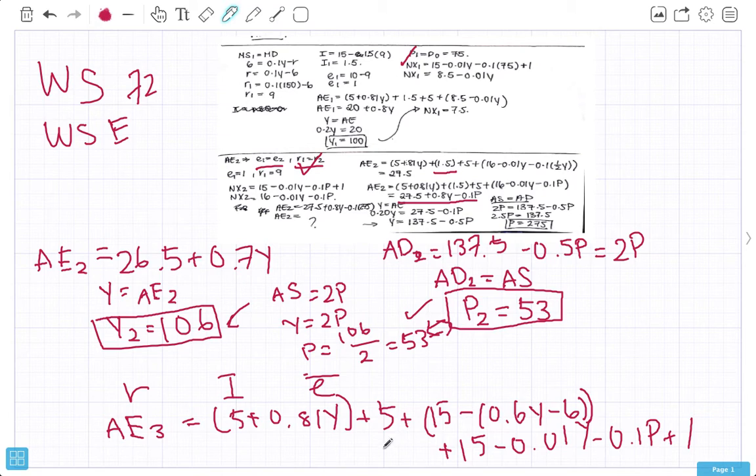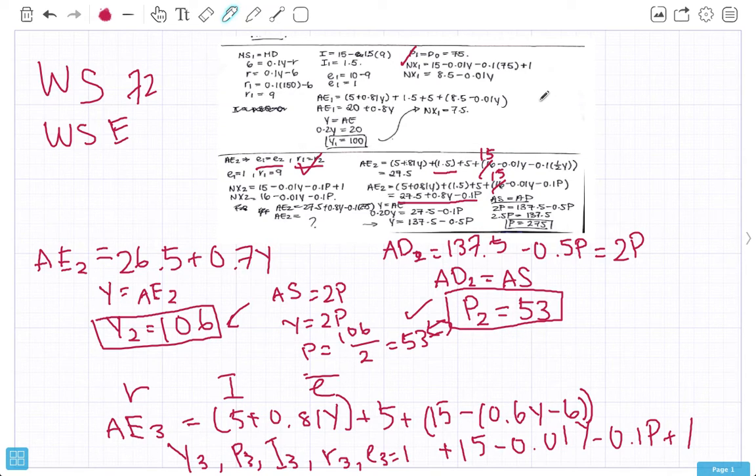And then you solve the same way I solved here, and you solve for y3 and p3, using this y3 to solve for the flexible rate of investment and the flexible interest rate, and your E3 will still be 1. Oh, and keep in mind you made a careless typo here. This is 15 and 15.